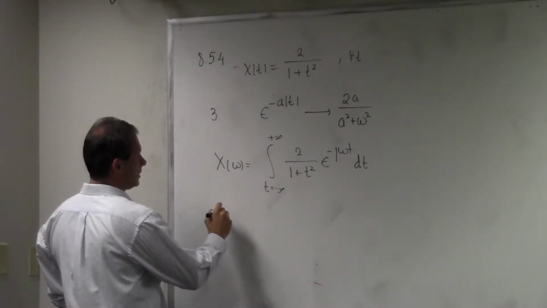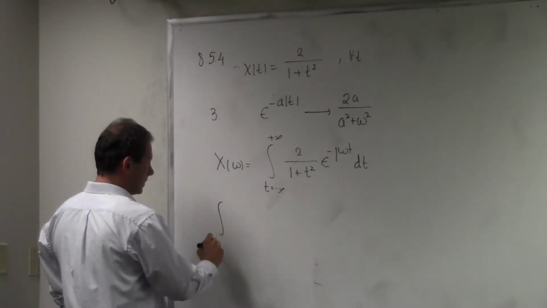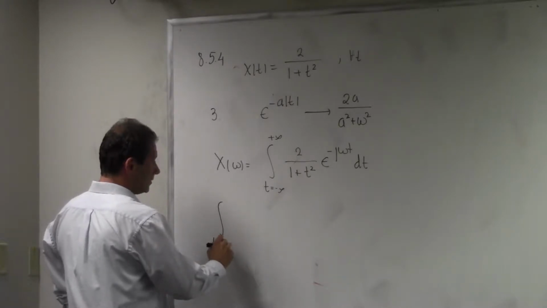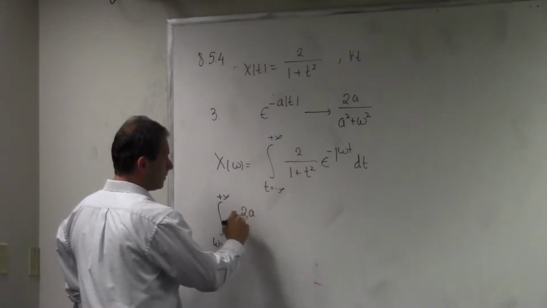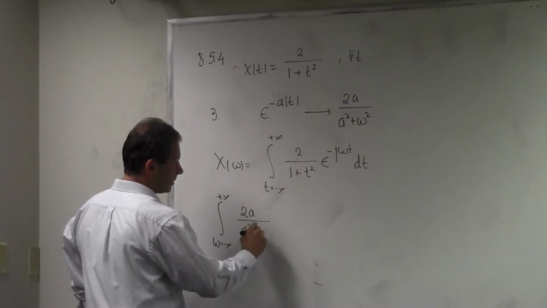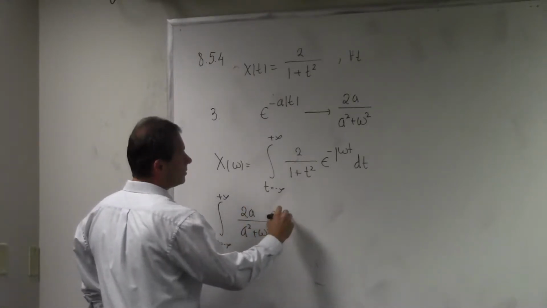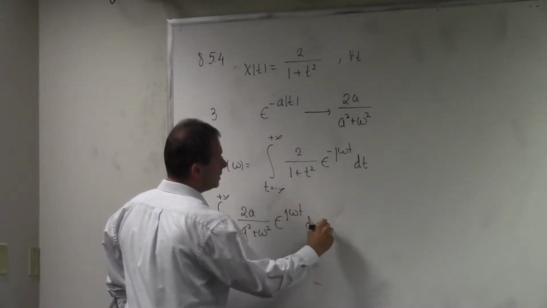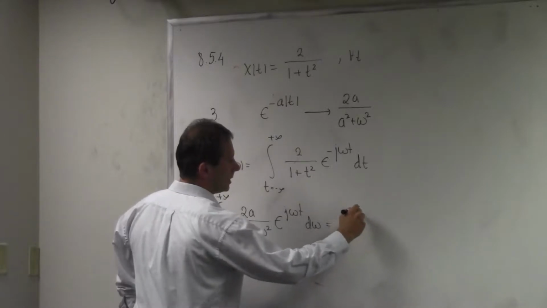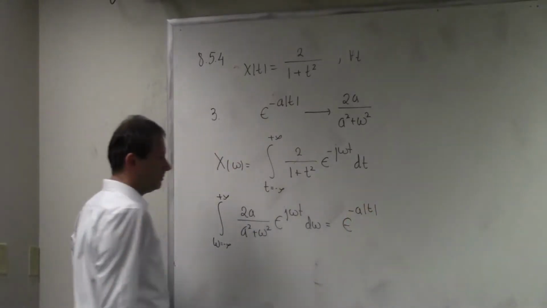I know that the integral, when omega goes from minus infinity to plus infinity, of 2a over a squared plus omega squared times e to the j omega t d omega is equal to 2 pi e to the minus a magnitude t.